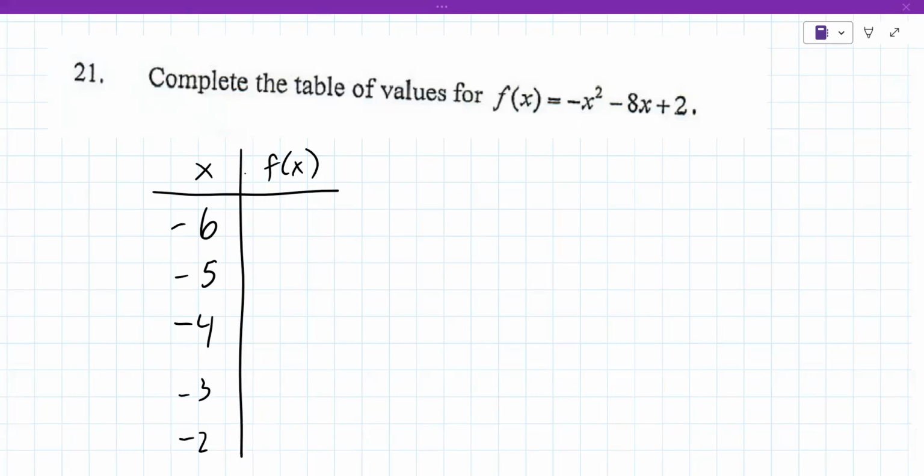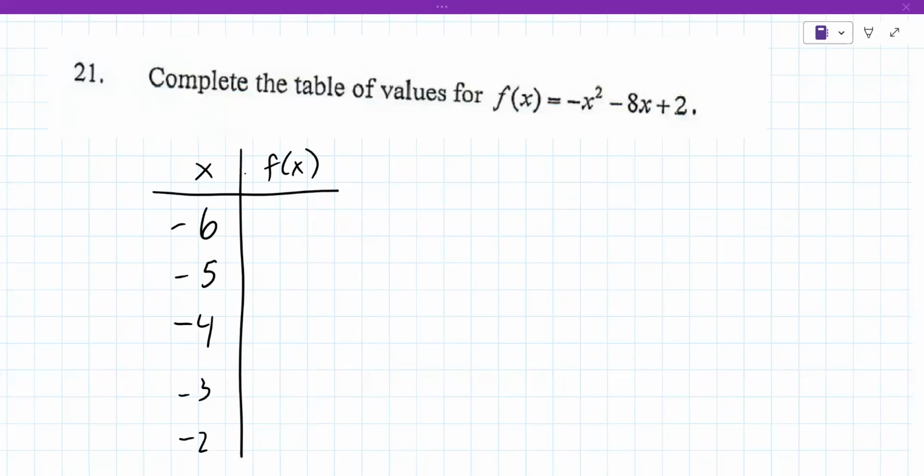So then that would be 9 plus 24 plus 2. So that would be 11 plus 24. That's 35. So 3, -3 and -5 are 35.